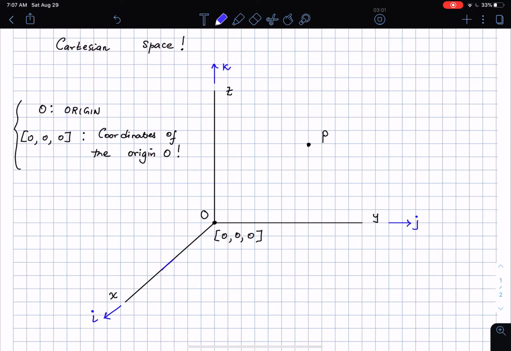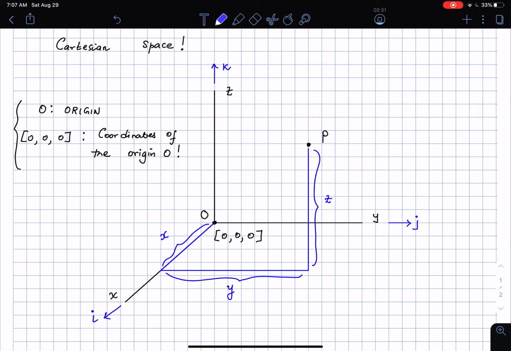I go along the x-axis by a certain distance x, then along the y-axis by a certain distance y, and then up along the z-axis by a certain distance z. Which means that the coordinates of point P are x, y, and z.